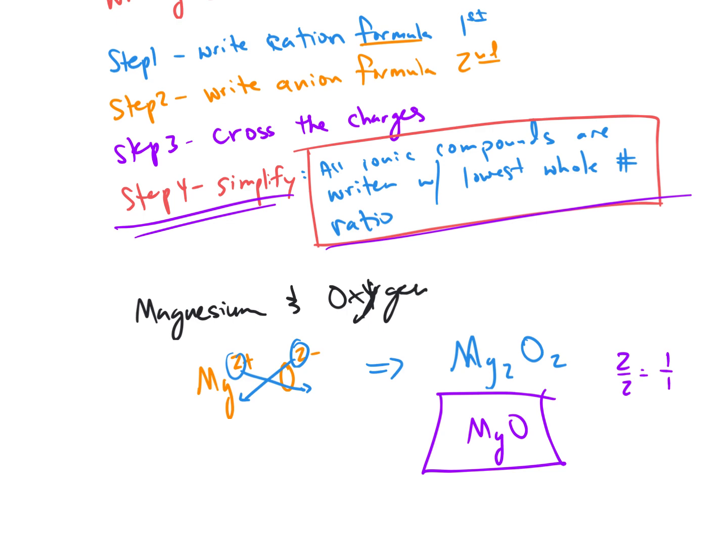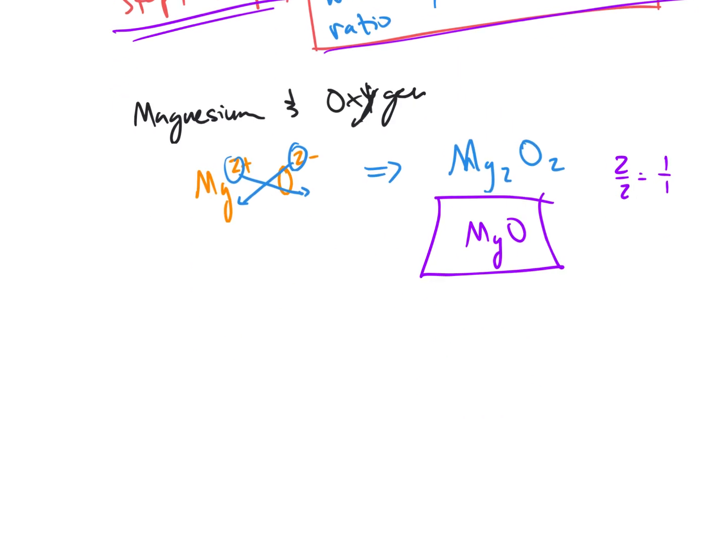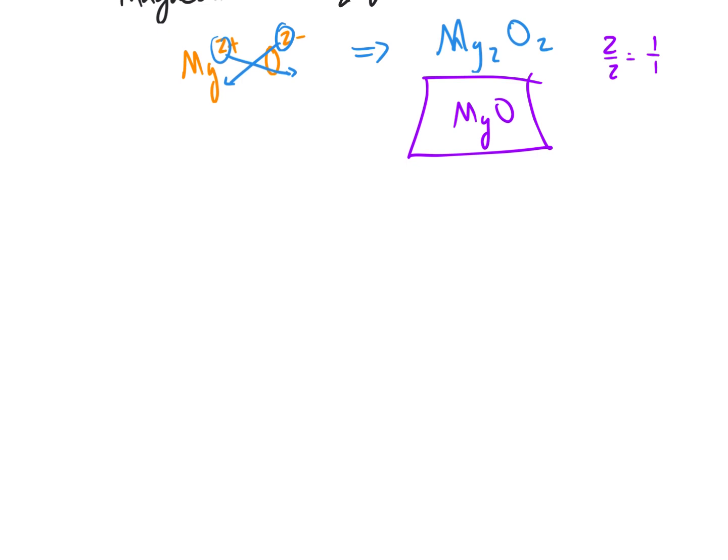Should we do a couple more? Okay, so we got nitrogen and calcium. Use your periodic table. And which one is the cation? Everybody besides Vir. Calcium?